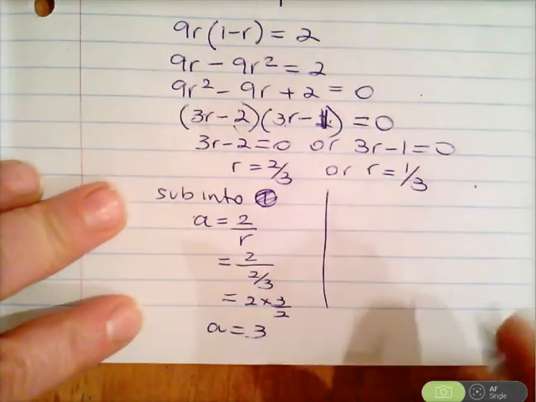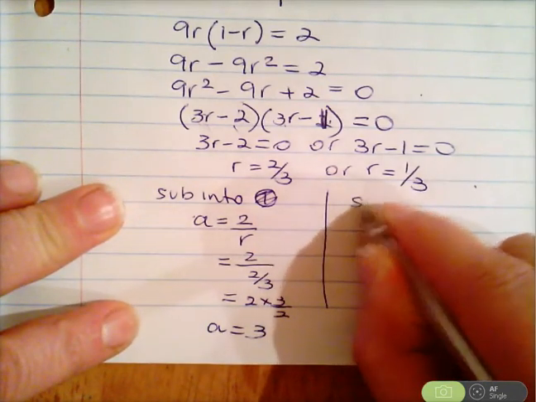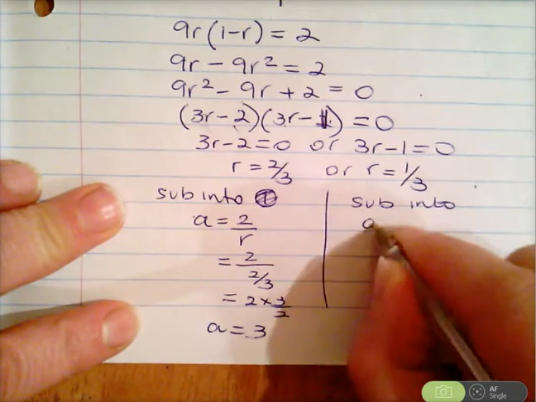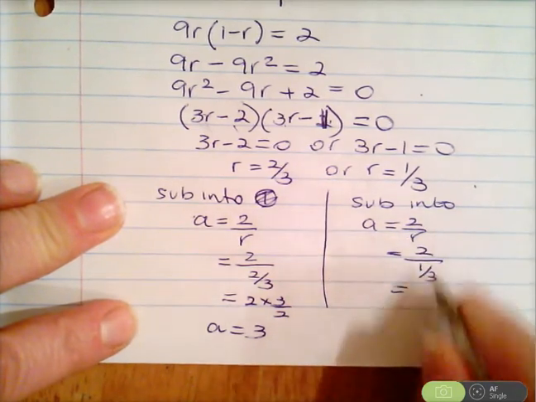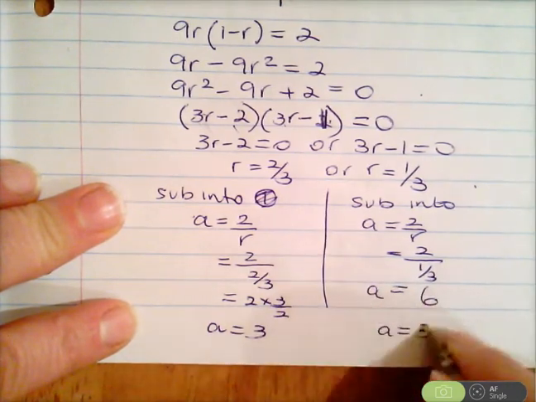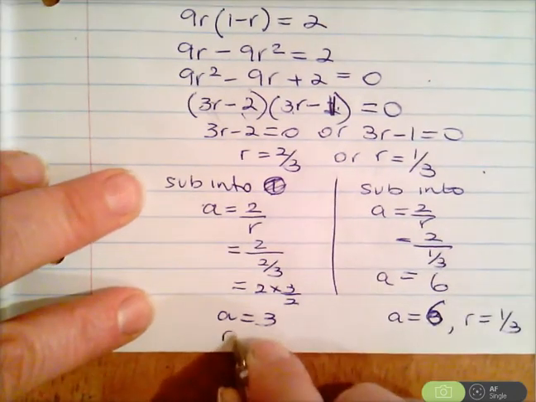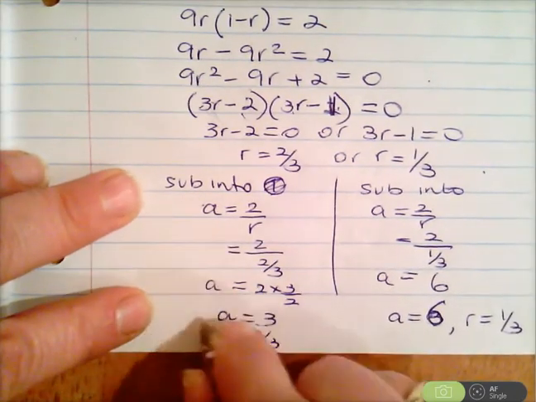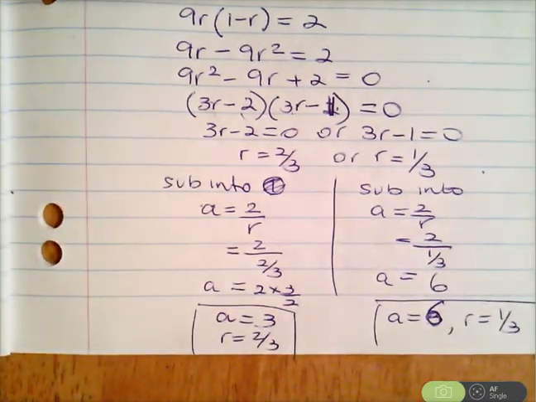So when a is 3, r is 2/3, and we can sub this also into a equals 2 over r, which is 2 divided by 1/3, which is 2 times 3, which is 6. So when a is 6, r is 1/3, or when a is 3, r is 2/3. And they're your two solutions to work out the values of a and r.